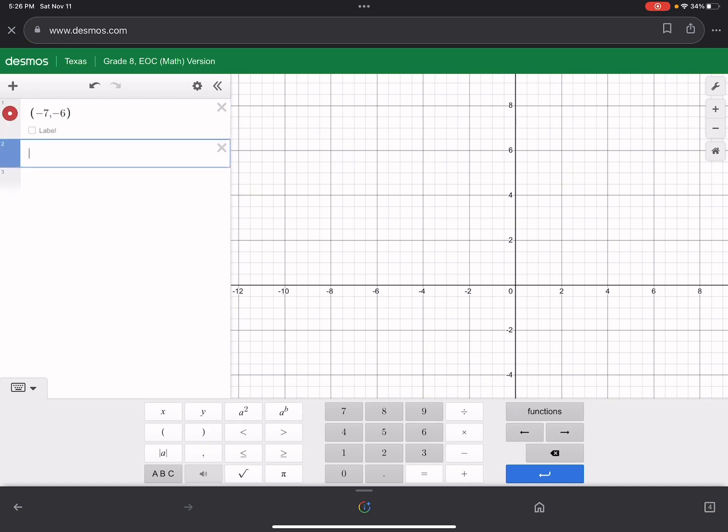And my next point, I want to do (10, 2). I need to put a parenthesis, sorry, (10, 2). Let's say that was our other point.